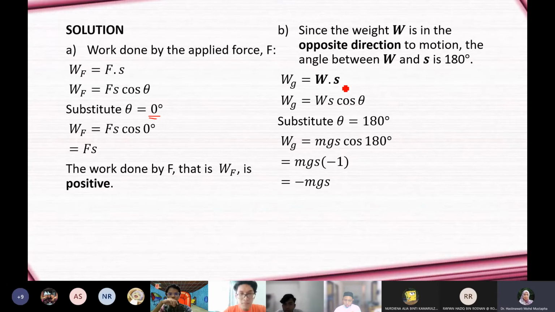Kalau you ingat balik, kita refer pada equation tadi, yang sebelum ni kita ada a few types of work done tu. So Ws cos theta, this is the equation for the work done by the force of gravity. So we need to identify what is the theta. So theta is the angle between W and S. W ke bawah.